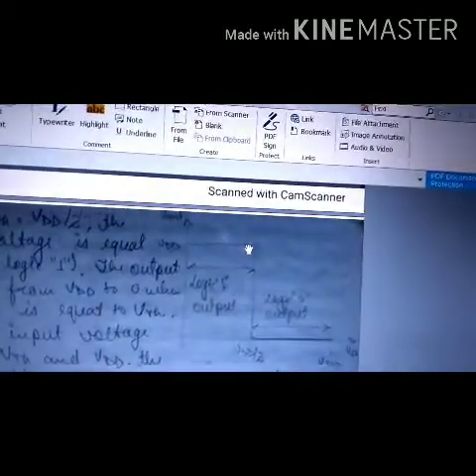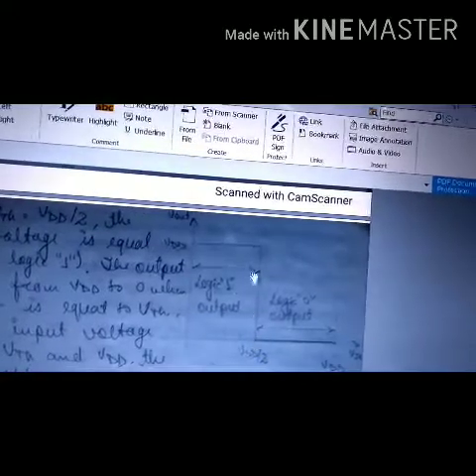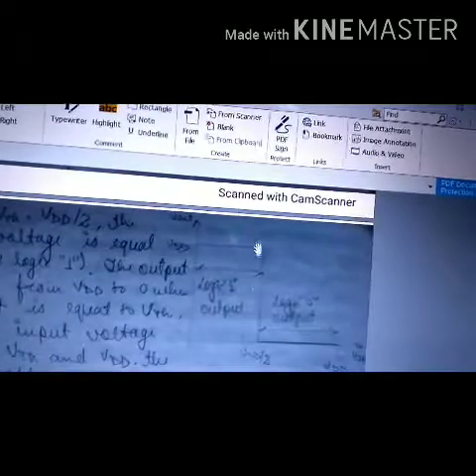For any voltage between 0 to VTH, that is from 0 to VDD by 2, where VDD by 2 is here VTH, the output voltage Vout is equal to VDD, that is logic 1 level. Now output switches from VDD to 0 when input is equal to VTH. Now we are seeing that input here is equal to VTH, so there is a steep drop in the output voltage, and now it has shifted from VDD to 0 volts.